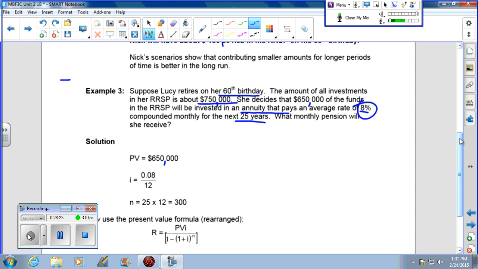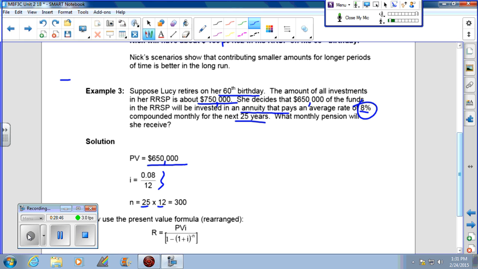So we're going to use the regular payment version of the annuity formula. Okay, so the present value, $650,000. The interest rate is 8%, compounded monthly, and our N is 25 years times 12 per year.